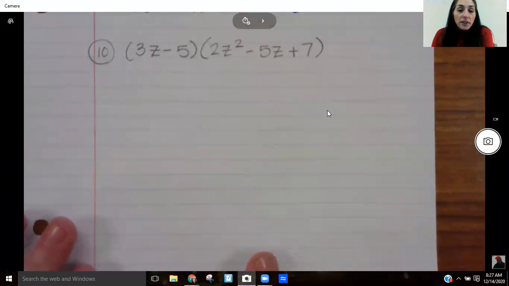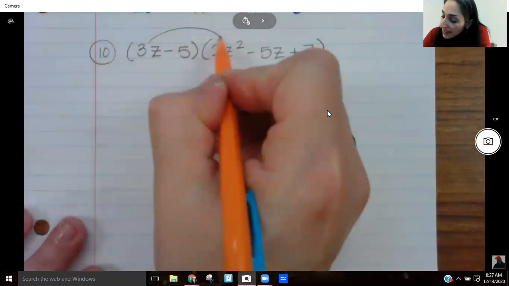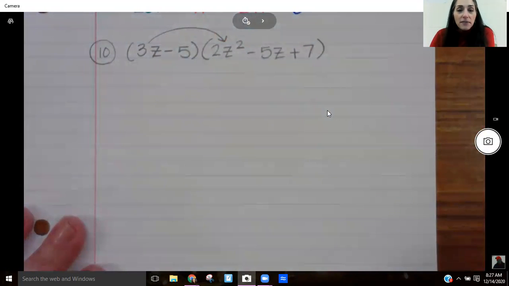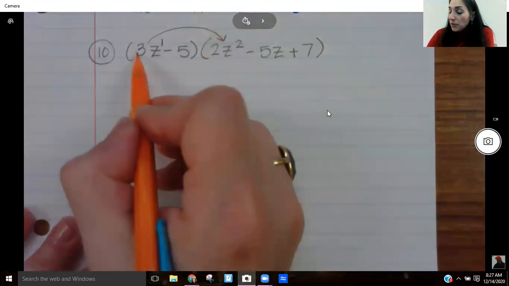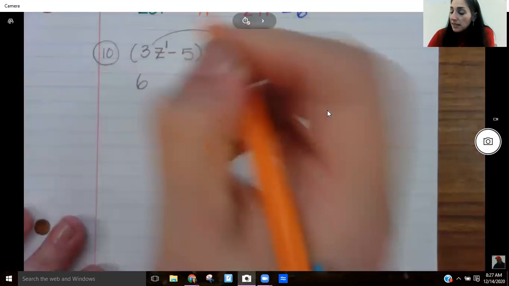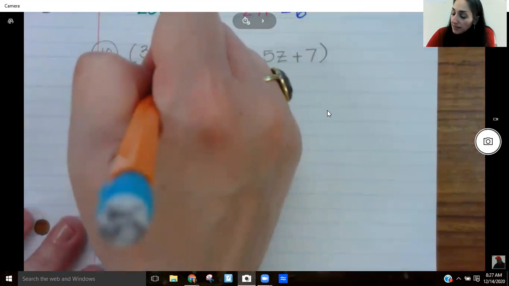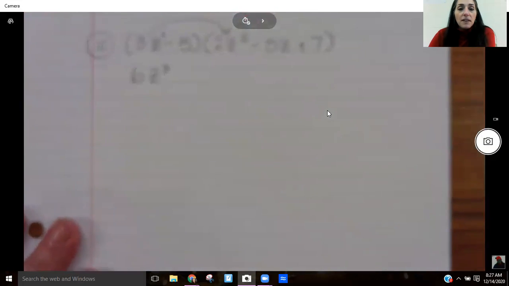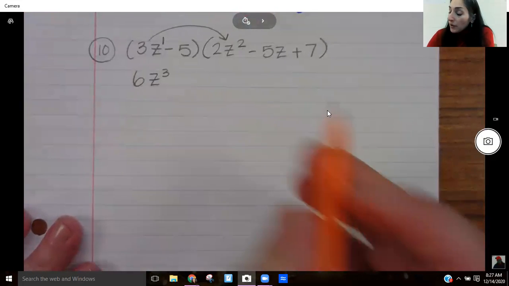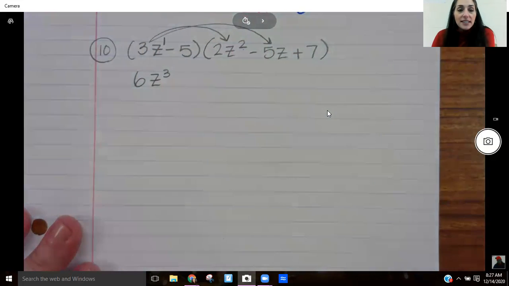All right, so with distributive property, we are going to do 3z times 2z squared. Remember, this is a 1 right here. So this will become 3 times 2, which is 6. Z to the first times z squared becomes z to the third. Okay. Now you're going to do 3z times negative 5z.